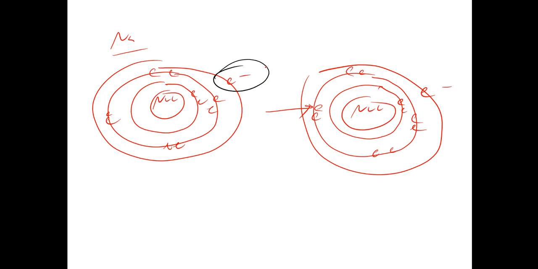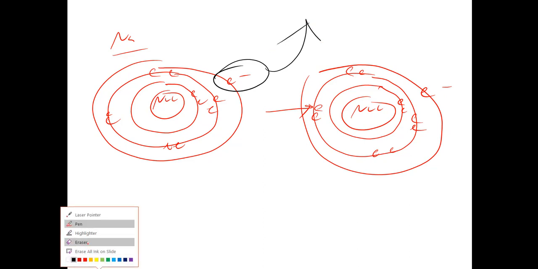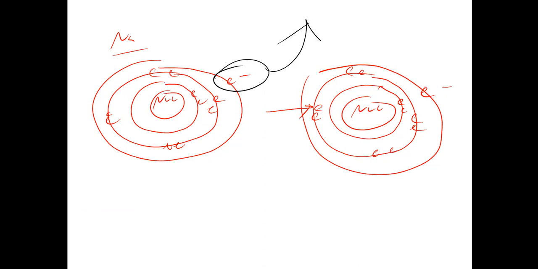And what's going to happen is it's going to be lost. This results in exposing the octet underneath. So there's the octet underneath. Notice it has 8 electrons. Now it doesn't have to make sense. The magic number in chemistry land is 8. So as long as there's 8 electrons, then that particular element is happy.